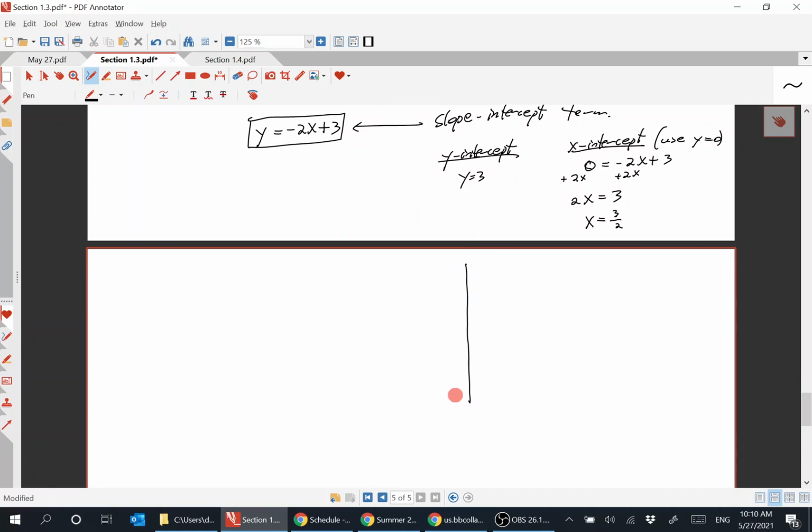So now here is a picture of this graph. So 1, 2, 3, we'll say. And then 3/2 will be half of that length. So here is a picture of this line. It's like super hard to get lines nice on this tablet. It's so slippery screen. Okay, here's my x-axis. Here's my y-axis.